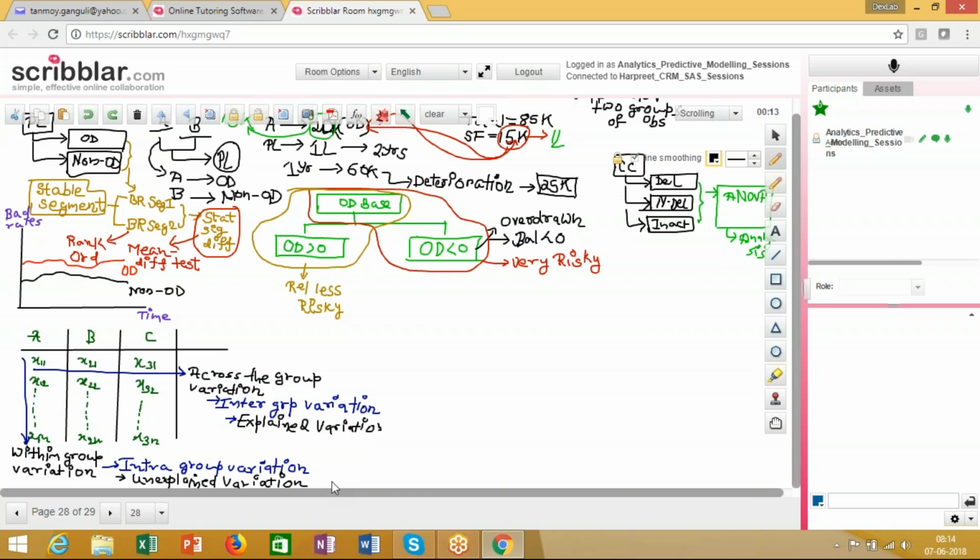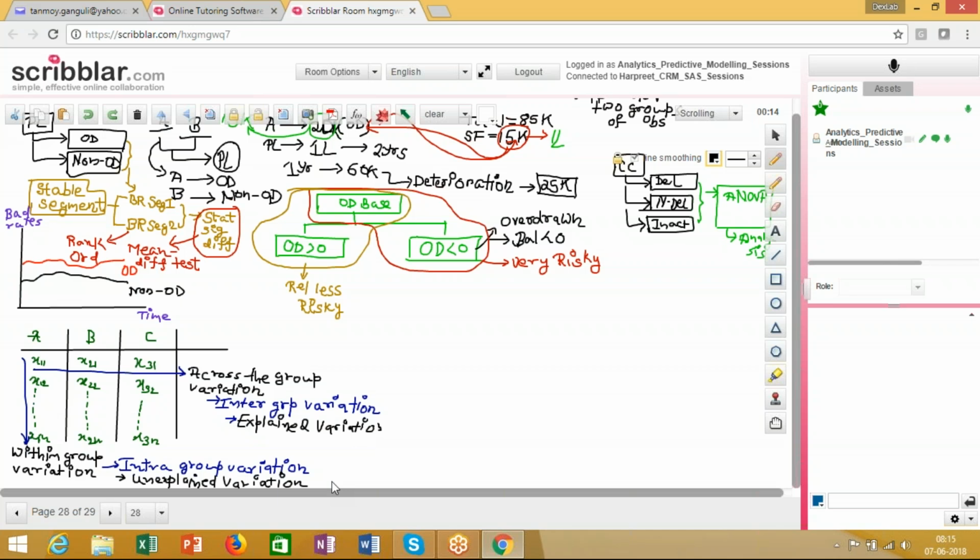So what we are actually trying to do is compare these two variations. Now if I see that as I move from one group to another, the overall variation is very distinct, very high or very prominent, then I know that it is an explained variation.